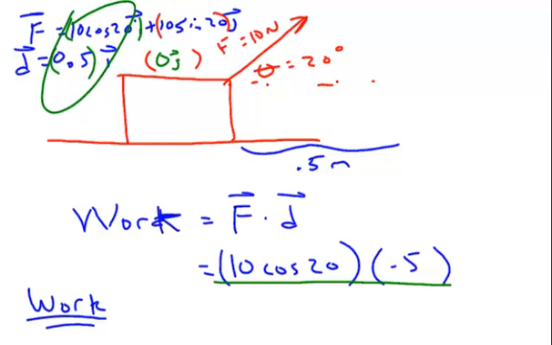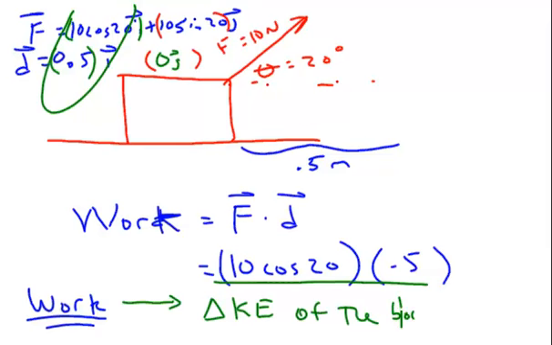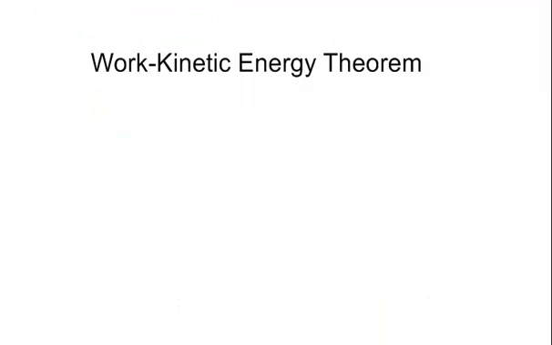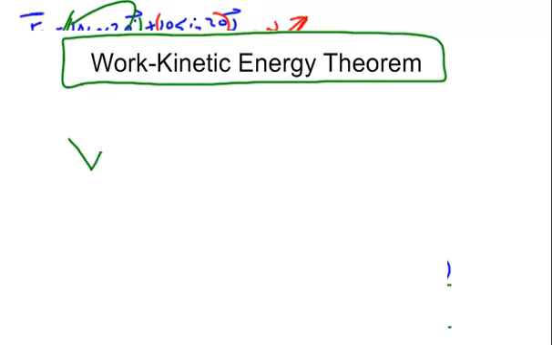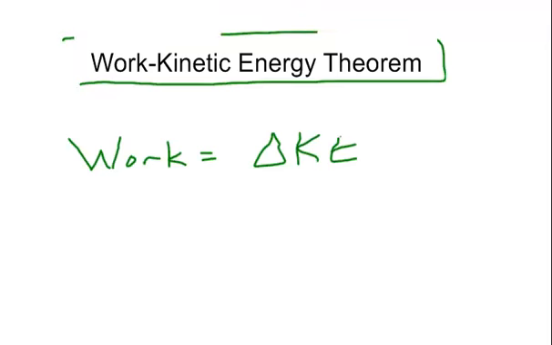And when you do that work, what is the result of that work? Well, the result of that work is going to be a change in the kinetic energy of the block. It's going to result in it having a new velocity. And so we have this important theorem, which I've already sort of said, called the work-kinetic energy theorem, which says that the work done equals the change in kinetic energy of a system.